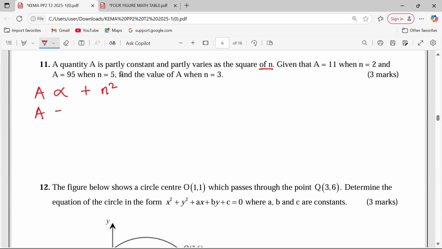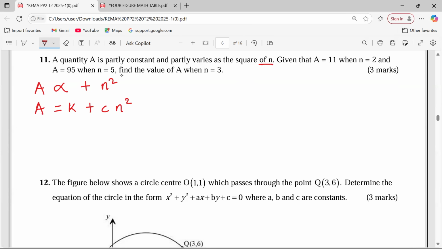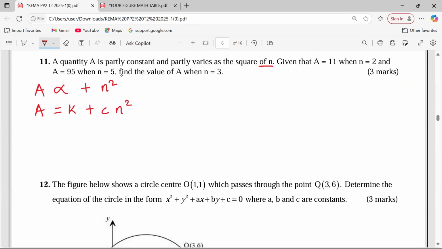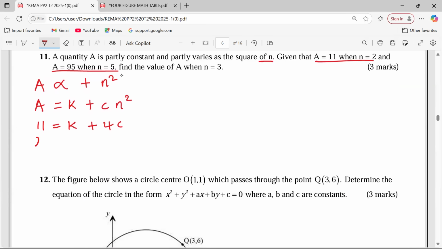A equals a constant K plus, that's partly constant now, another constant C to multiply N power 2. So A is 11 when N is 2: 11 equals K plus 2 squared for C. Again, A equals 95 when N is 5. So 95 equals K plus 25 times C.